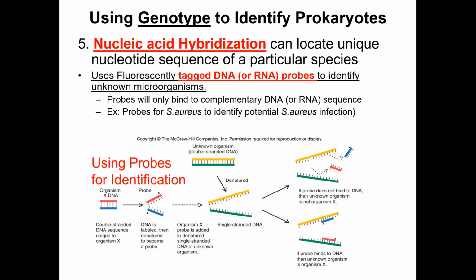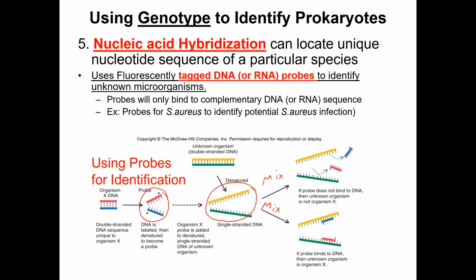So, for instance, in the diagram, you design your tagged probes, and then you take DNA from an unknown organism. Okay, the strands are denatured, meaning that they're separated. And then you mix together the DNA from the unknown organism with the probes.